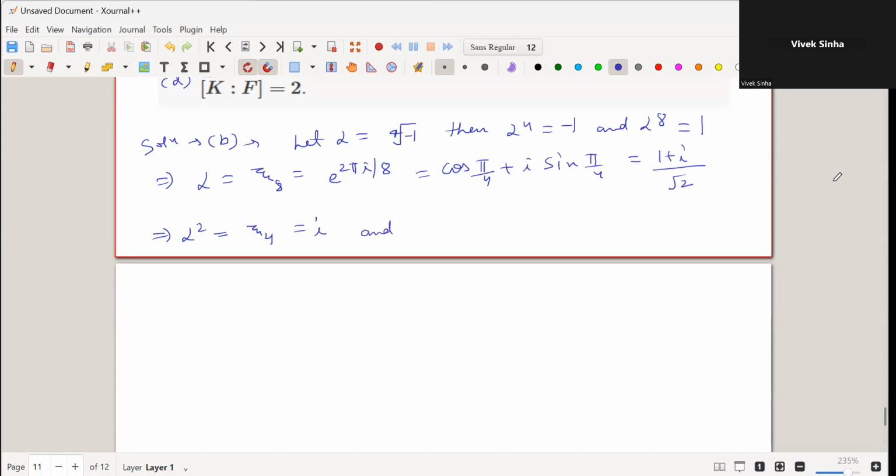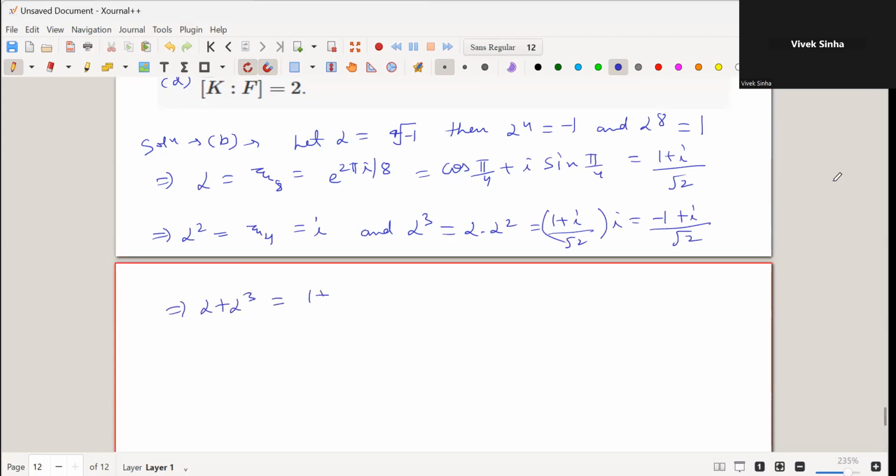And alpha cube is just alpha multiplied by alpha square. So this is (1 plus iota) by root 2 times iota, so this is (minus 1 plus iota) by root 2, right? And this implies alpha plus alpha cube is (1 plus iota minus 1 plus iota) by root 2.